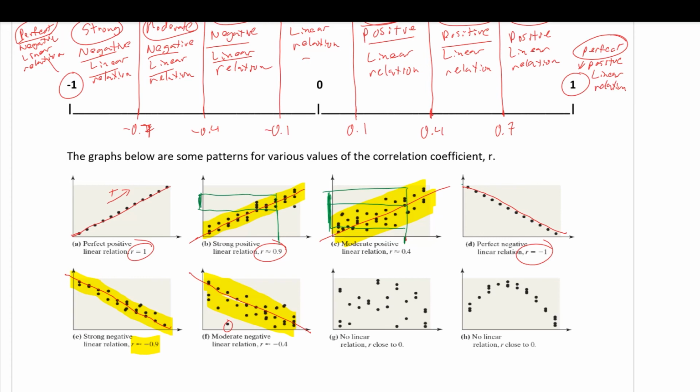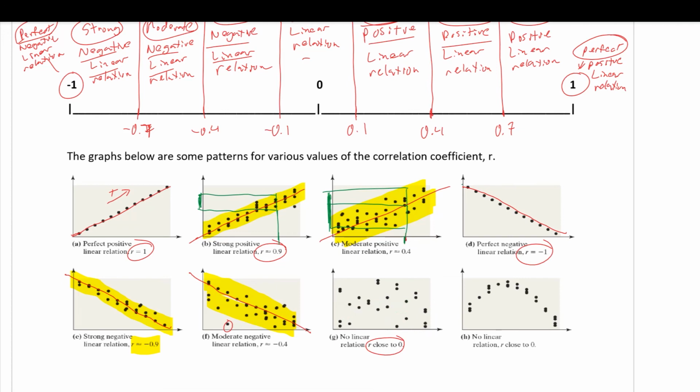Okay, and then here's another one. You see this? Now this is an example of an R that's close to 0. You see how there's not really any way to predict a value here. It just seems like a lot of noise. I don't see a general pattern. I can't tell if it's like here or here, because these values bring it this way. So that doesn't seem like there's anything going on.